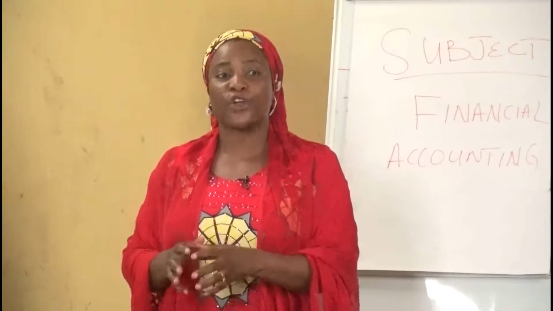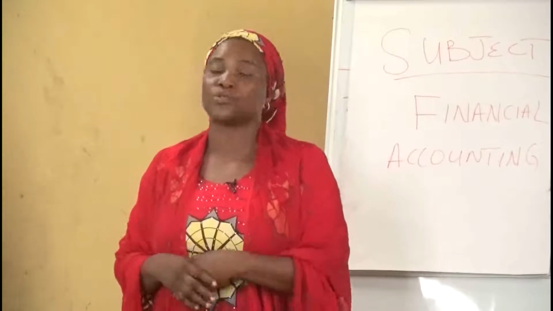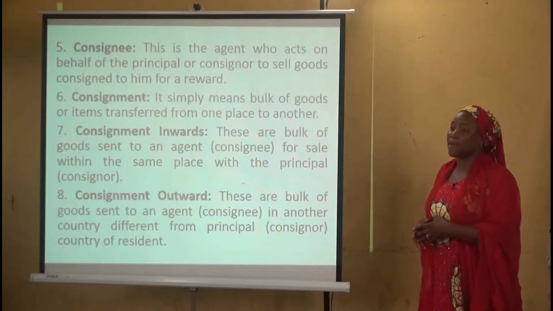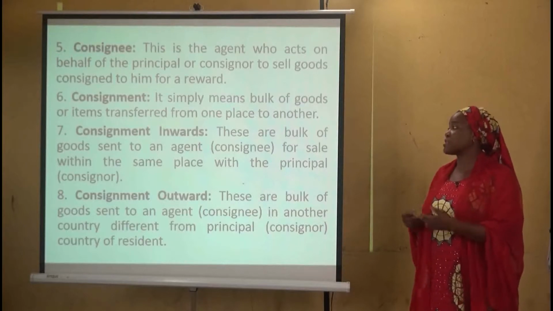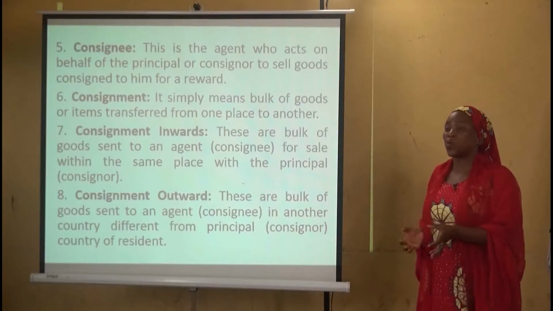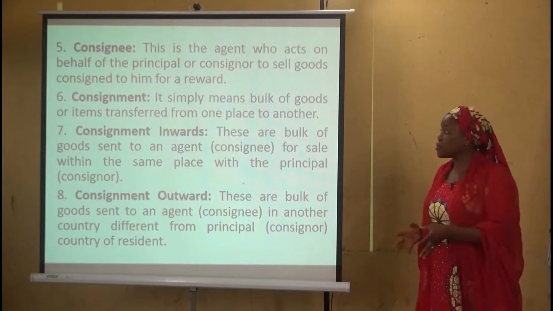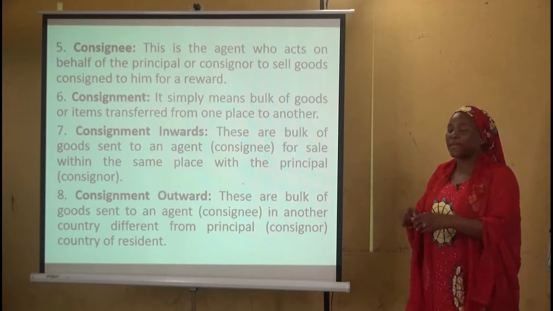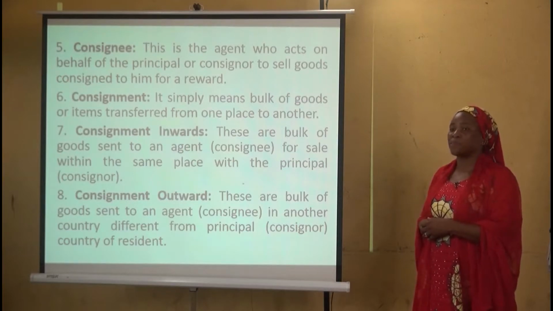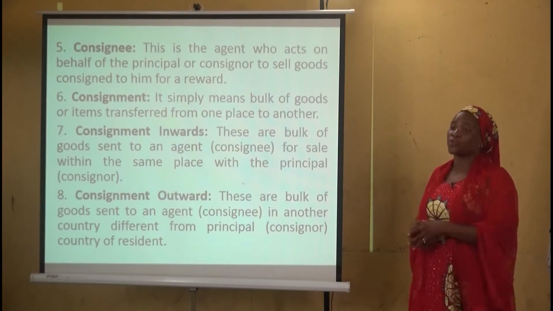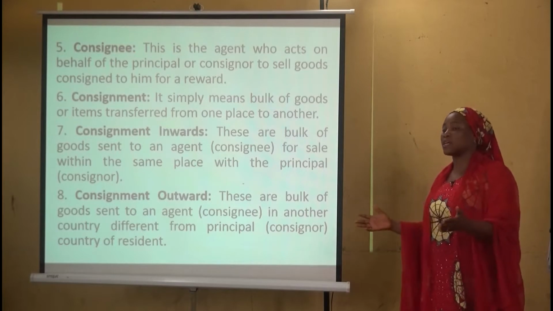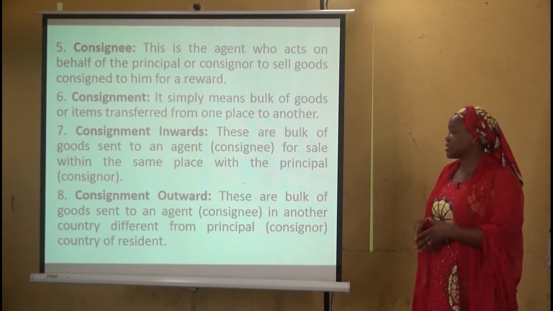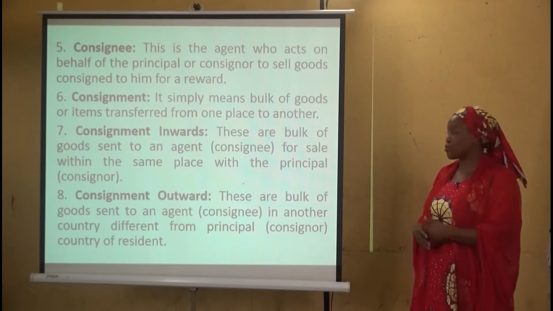He sells these for a reward called commission. Then we have the consignment inward and the consignment outward. Consignment inward is a bulk of goods sent to an agent for sale within the same place as the principal. That means they are staying in the same country. While consignment outward is where goods are sent to an agent in a different country.